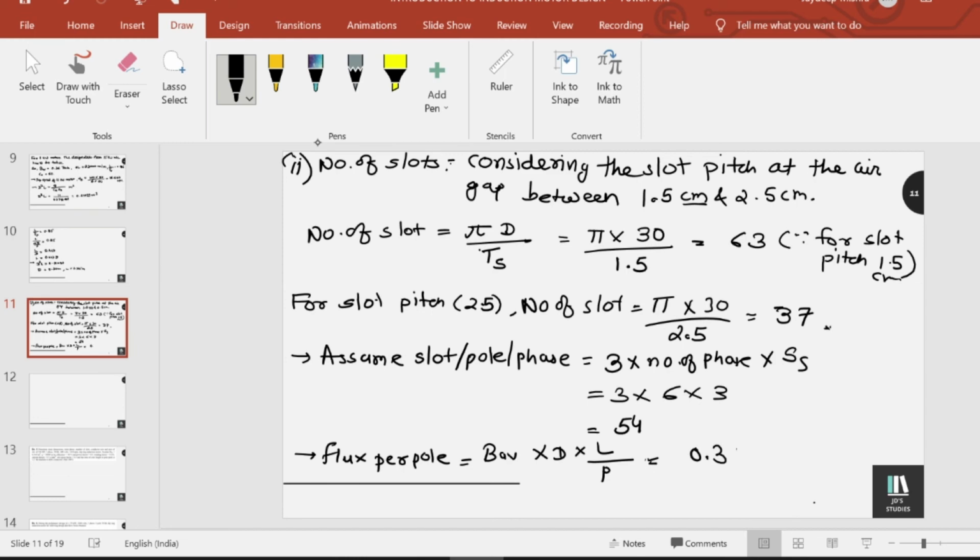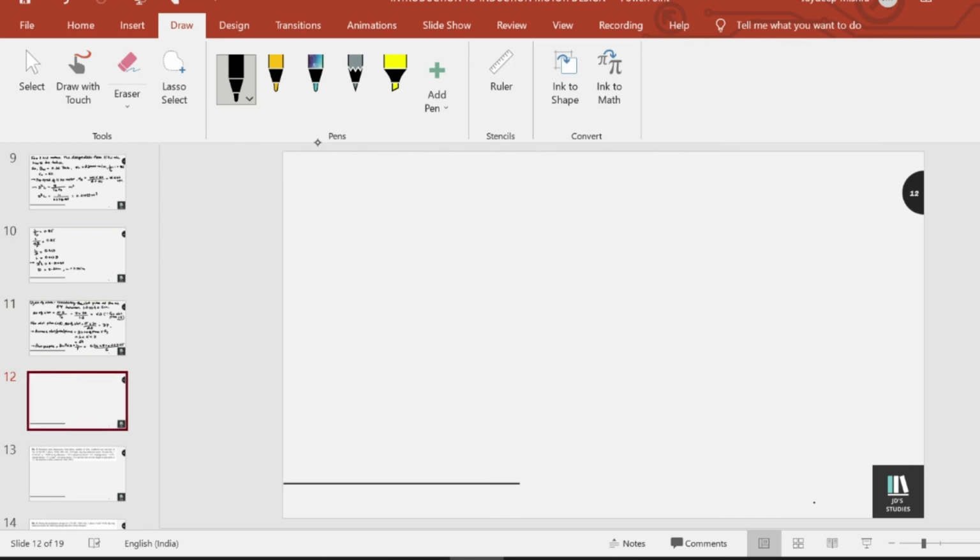So 0.36, here we put the value of pi, then 0.3, then L value 0.125, then the number of poles is 6. So we will get the flux per pole phi. Phi value is 7.07 into 10 raised to minus 3 Weber.